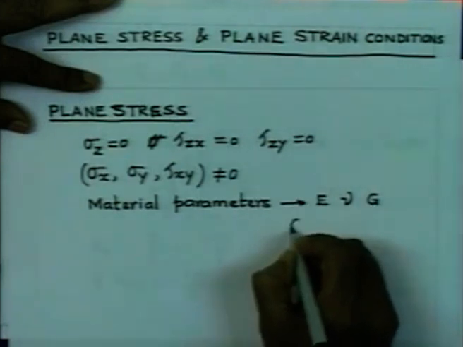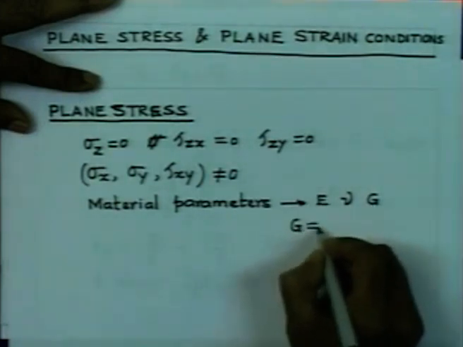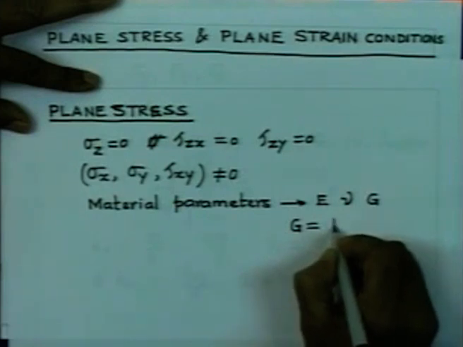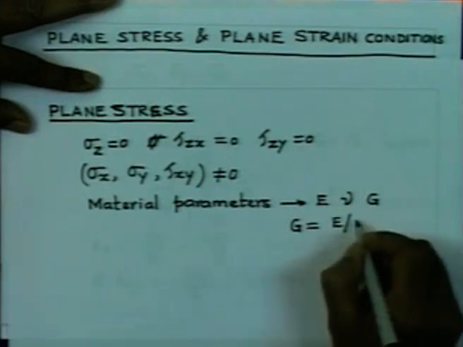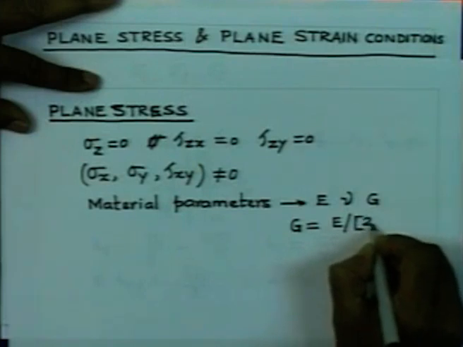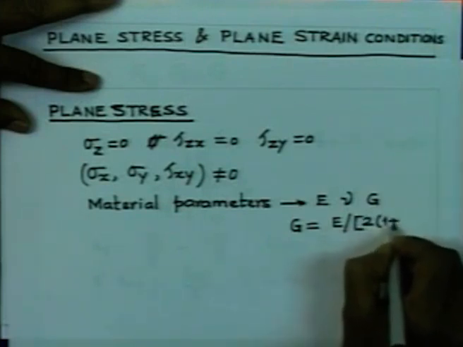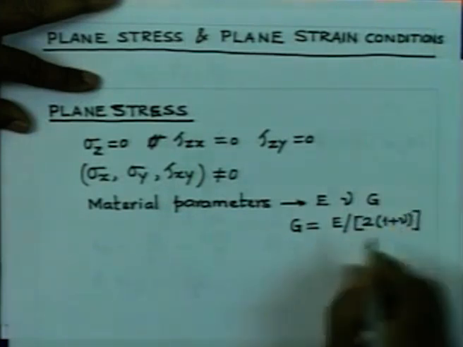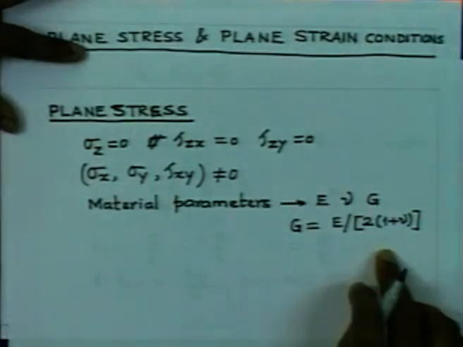And this G, modulus of rigidity, is related to E and nu by this relationship: G equal to E by 2 into 1 plus nu.